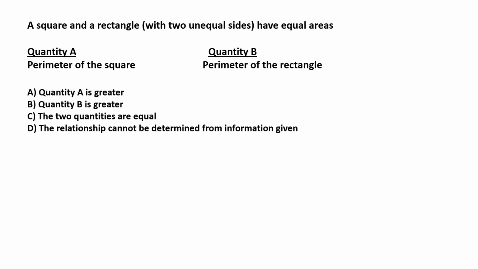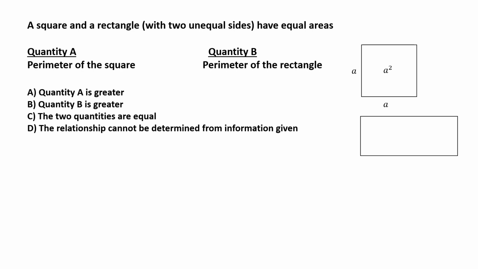So let's consider a square and let the length of each side of the square be a. So it's got all its sides equal and the area of the square is a square. Next, consider a rectangle. And this rectangle has two unequal sides, and let's call those sides x and y, and x and y are different from each other, so they're not equal.